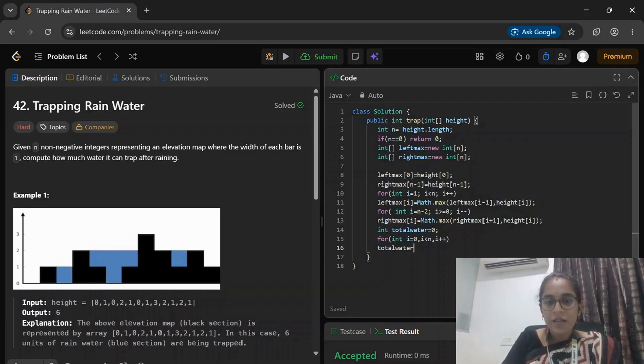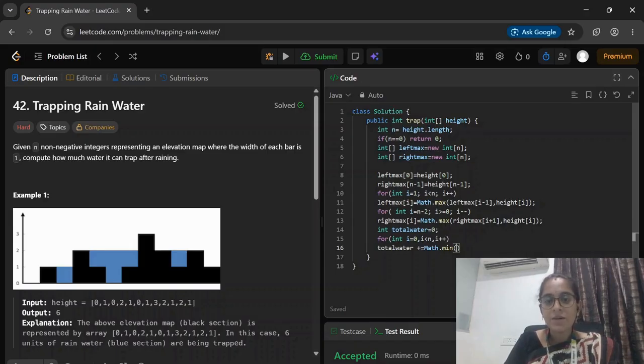With the help of the left max and right max arrays, we take values here. We add the value of the minimum, the minimum value is compared.